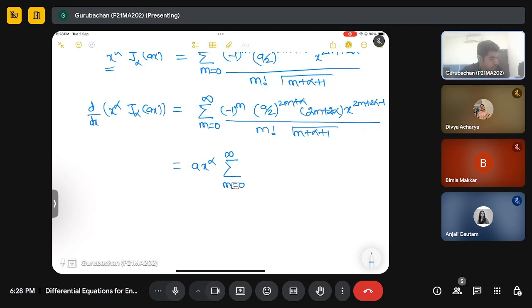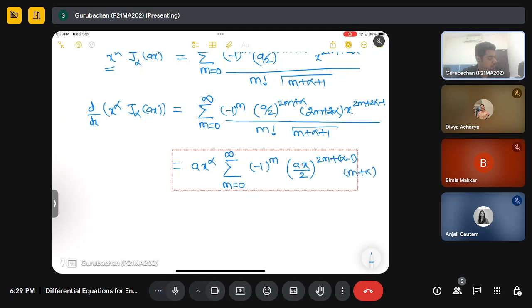So from here, this will be minus 1 to the power m, and since we have taken one a outside and one 2 will be cancelled out from here, let me just write it, ax by 2 to the power 2m plus alpha minus 1. One factor is this, and one 2 will be cancelled out, this will be m plus alpha, divided by m factorial, and we write this gamma function as m plus alpha into gamma of m plus alpha.